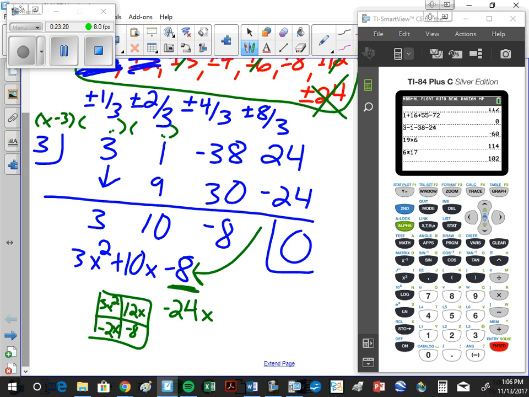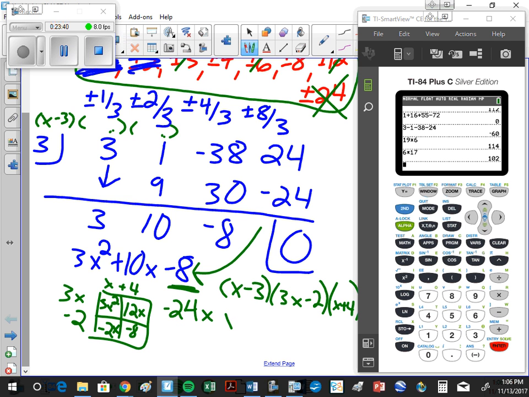What does the top row share? 3x, x plus 4, and 3x minus 2. So my factors are x minus 3, 3x minus 2, and x plus 4.